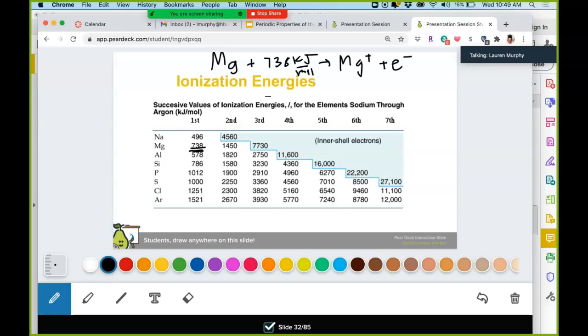Now, to do it again, you would have to take the magnesium ion and add 1,450 kilojoules per mole of energy to rip off a second electron. So that would be Mg now 2+, and then another electron comes out.